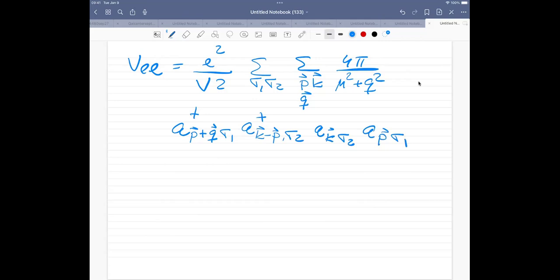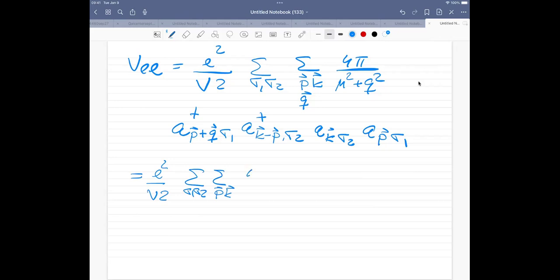Now, what I can do next is a further manipulation, because what you see is that if Q is equal to 0, I'm going to get a term which is just 4 pi divided by mu squared. So I'm going to single out a term here which goes like e squared over V times 2, and then I have a sum over sigma 1, sigma 2, and then I have a sum over P and K, and this is now given by Q equal to 0.